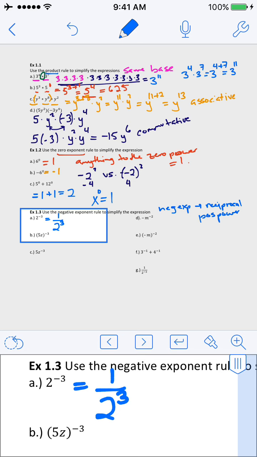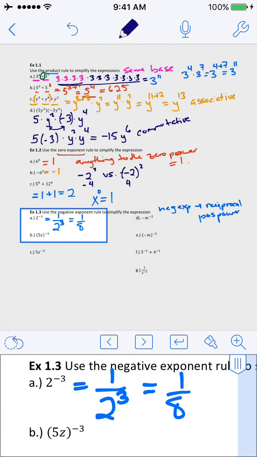That's only in the exponent. I'm not saying every single number that's negative is going to give you a reciprocal, but the negative 3 becomes a positive 3 on the bottom. And then if you want to, you can simplify this to 1 over 8. Absolutely correct. On the test, you probably want to simplify it down if you can, but for demonstration purposes today, this is what the negative exponent rule says.